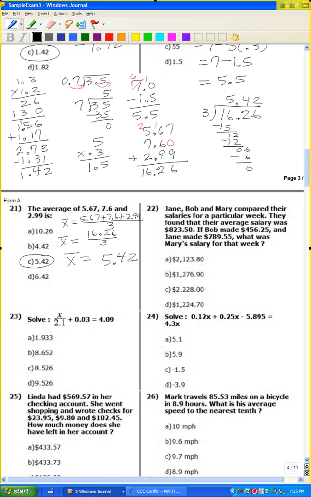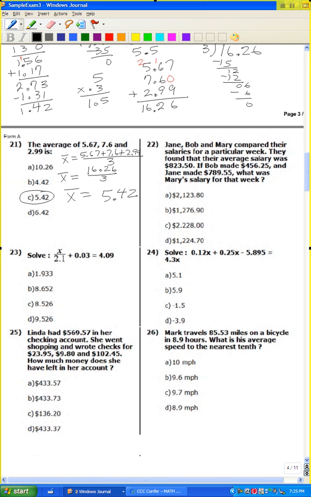Let me do problem number 22. Jane, Bob, and Mary compared their salaries for a particular week. They found that their average salary was $823.50. If Bob made $456.25, and Jane made $789.55, what was Mary's salary for the week?